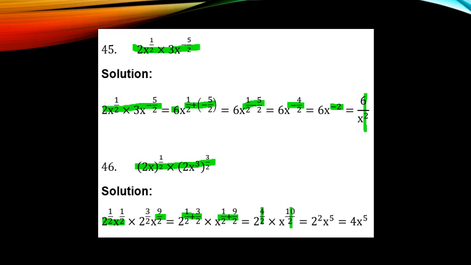Okay, so the result becomes 2 squared s power 5. When you divide 4 by 2, you have 2. Divide 10 by 2, you have 5. And 2 squared is 4. So you have 4s to the power of 5. Okay?